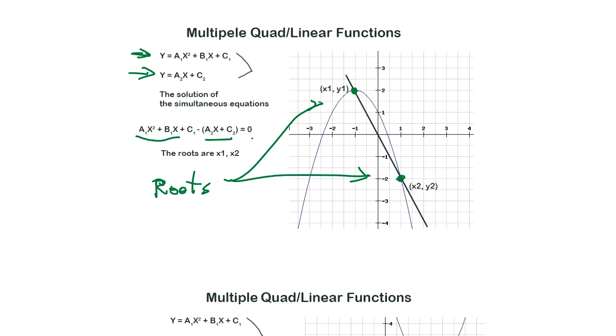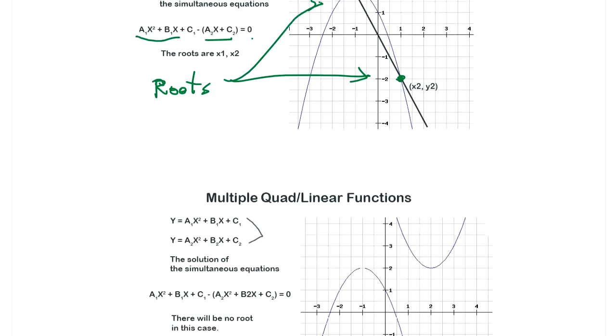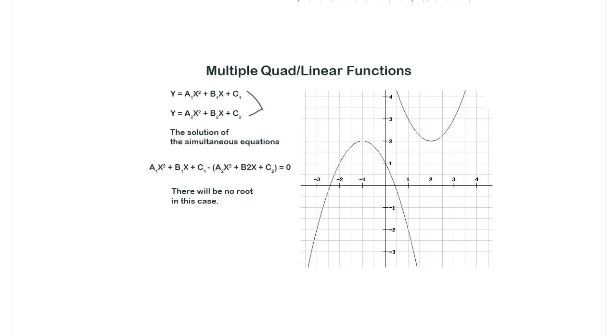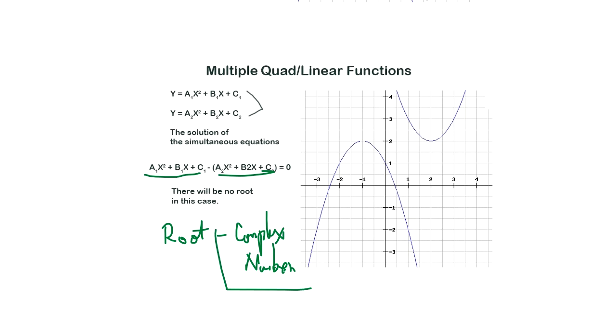Okay, so what you have to worry about is when you do the same thing, you subtract this from this and set it to 0. If they don't cross each other, the roots will be complex numbers. The roots still exist, but not within real number x, y.